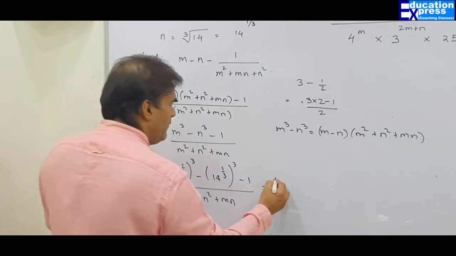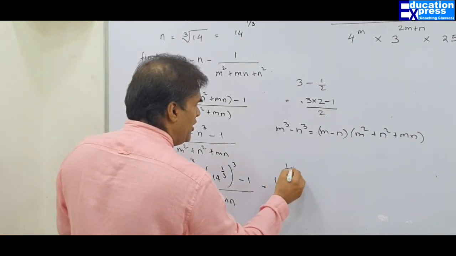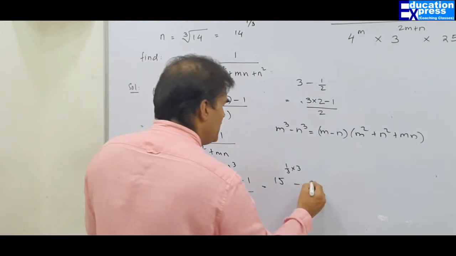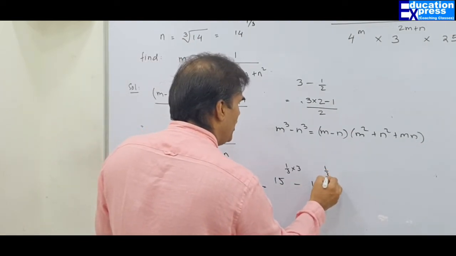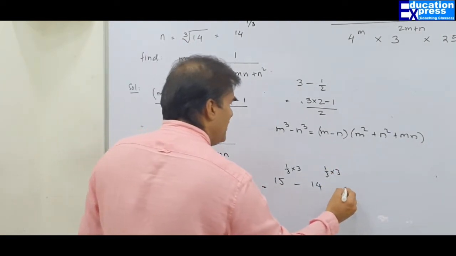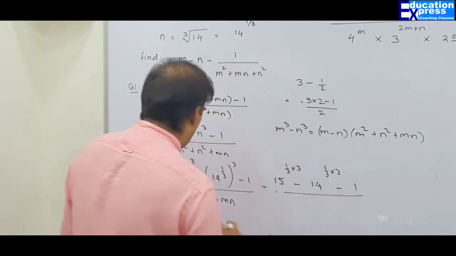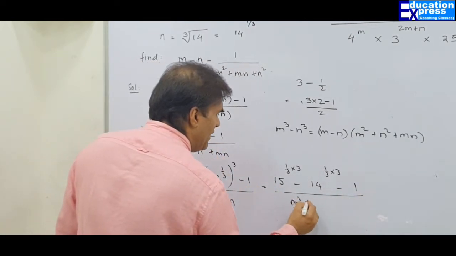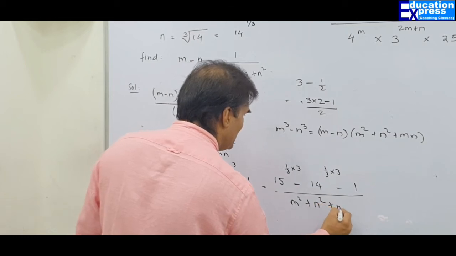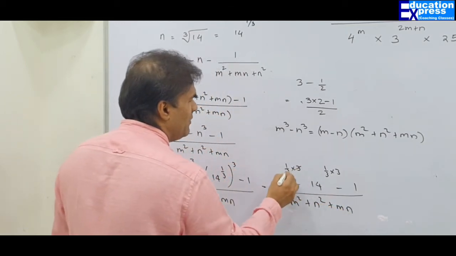So 15 raised to 1/3 into 3 minus 14 raised to 1/3 into 3 minus 1, the whole upon m square plus n square plus mn. Absolutely perfect.